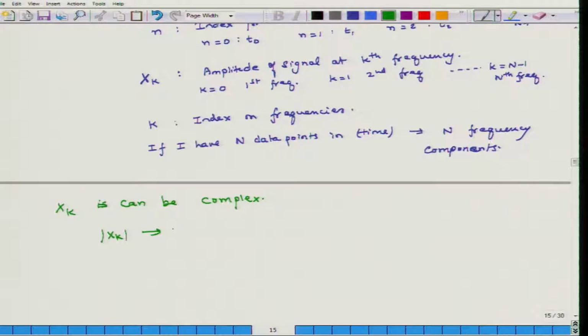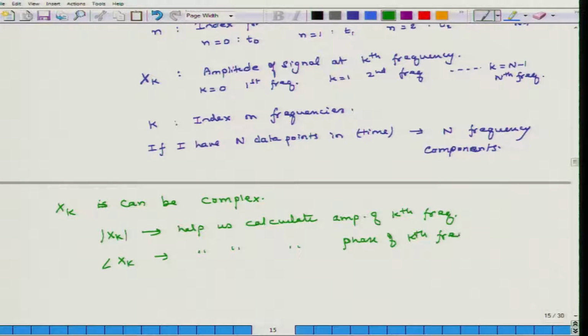Xk, its modulus will help us calculate what? The amplitude of the kth frequency, and the phase of xk will help us calculate the phase of the kth frequency.